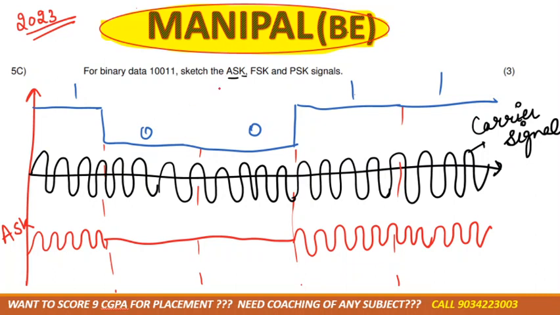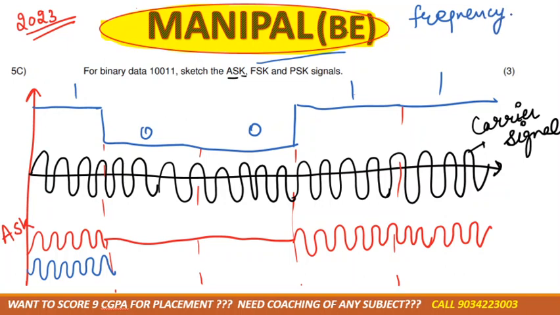Next they are asking to draw for FSK, right? So I'm drawing here for FSK. If it is 1, same, we'll draw the carrier signal. But as you know, FSK stands for frequency shift keying, correct? So if we give input as 0, frequency decreases.